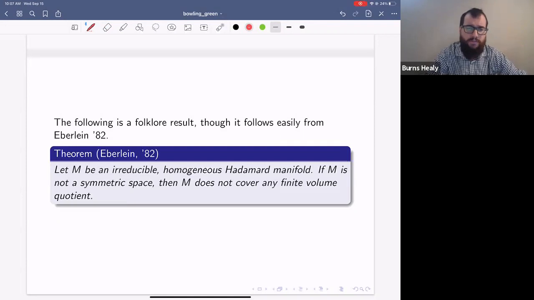Okay, so from there you can see why that means that I'm not going to be allowing too many geometric actions, because if you look at the quotient by a geometric action, you're going to get something that's not only finite volume, but by definition co-compact. So the only way you can get finite volume quotients of irreducible homogeneous Hadamard manifolds is if they are symmetric spaces.